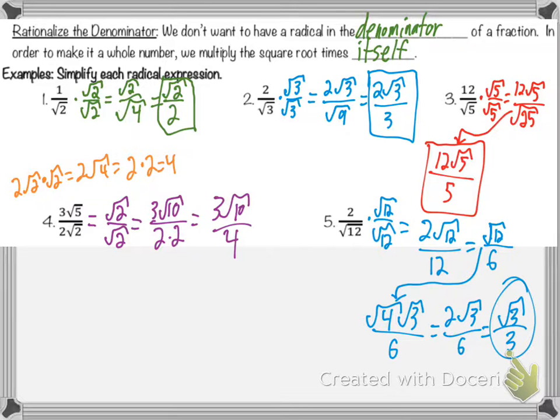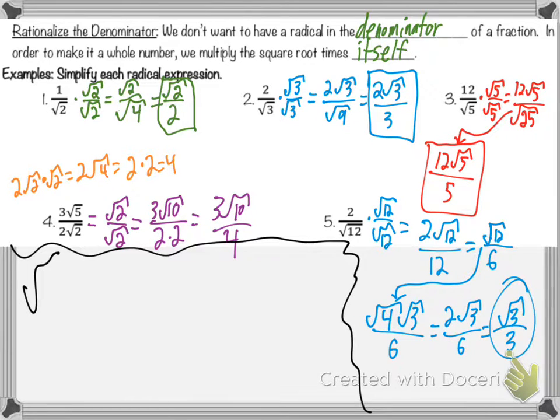Now, one more thing I want to talk about real quick, guys, while we're here, is just a little bit of an extra example, so to speak. Sometimes you'll see something written where it's like this, okay? Let me draw a little quick barrier for myself here. You'll see something like the square root, and then a fraction, so like maybe 4 over 5, and you'll see the whole thing under the square root.